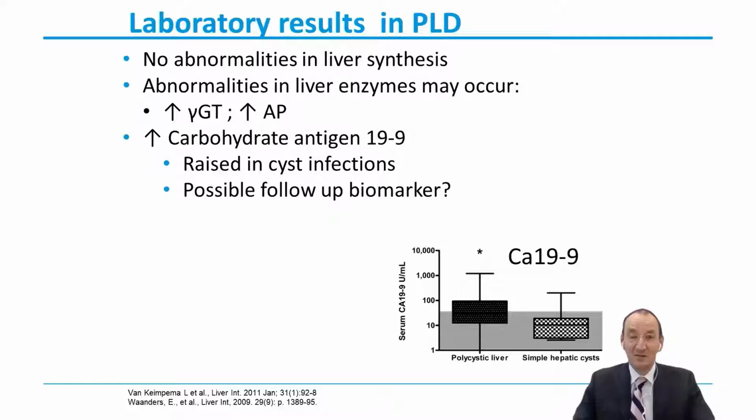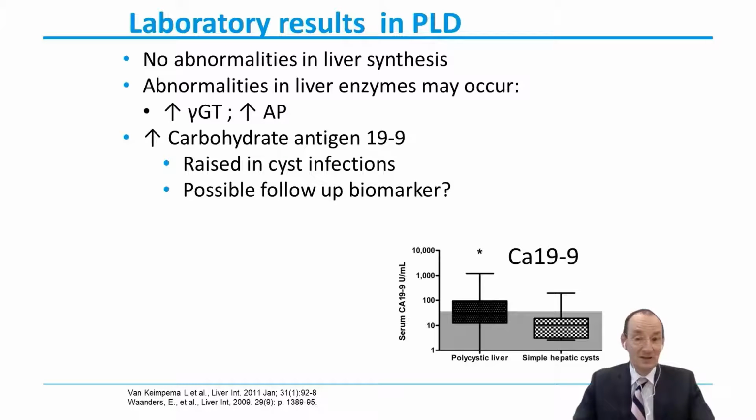If you assess these patients, you will do laboratory tests in these patients. Normally, you will not see any abnormalities in the liver synthesis. However, if you measure the liver enzymes, you can find elevated gamma-GT or alkaline phosphatase. Also, in the majority of these patients, you will find elevated carbohydrate antigen 19.9, which is a biomarker for cancer.